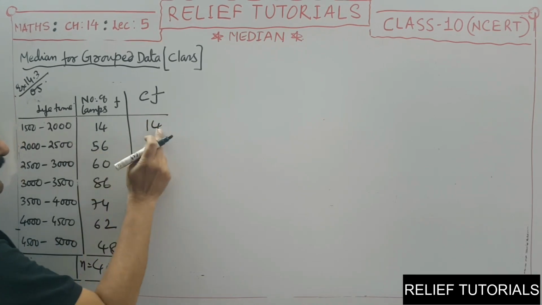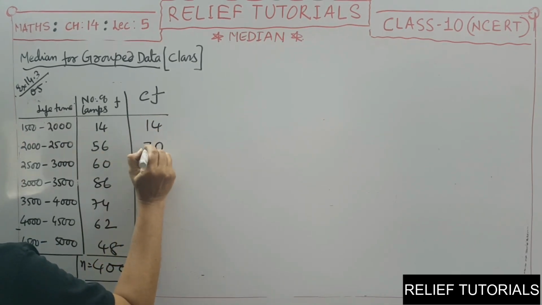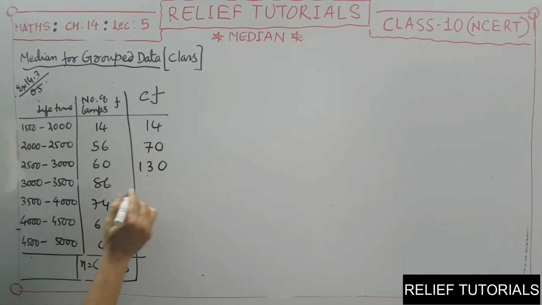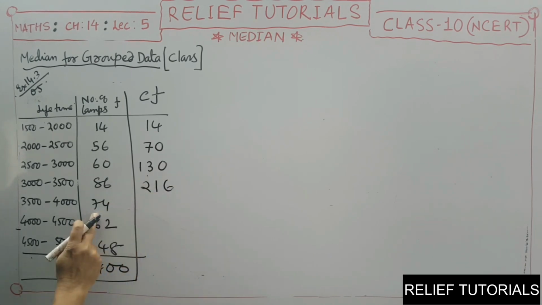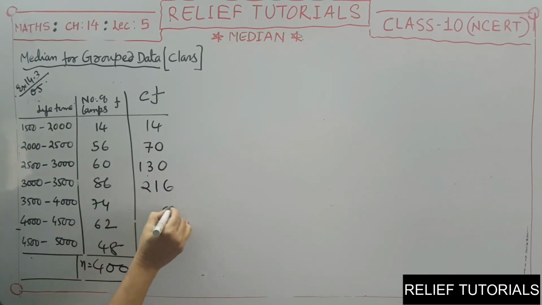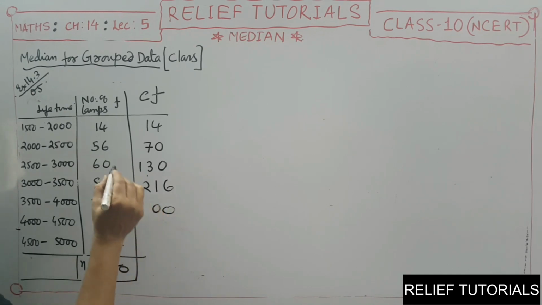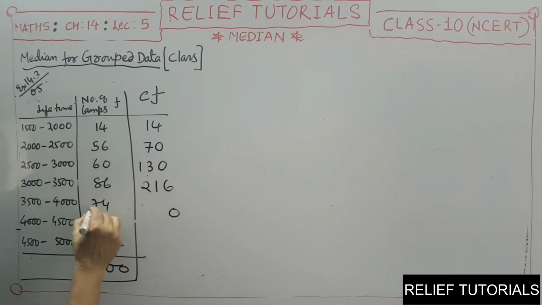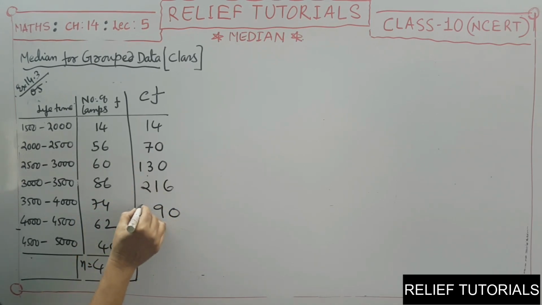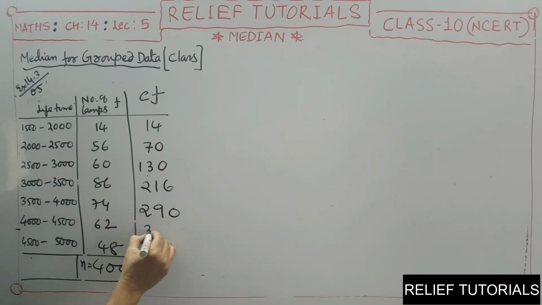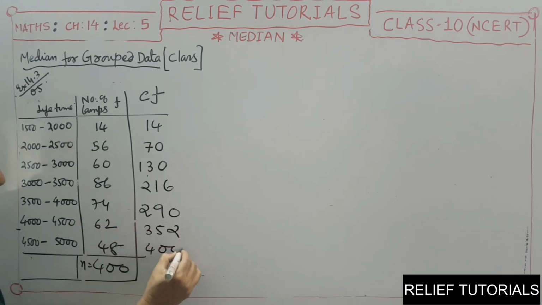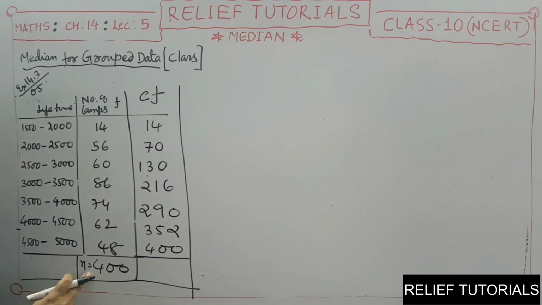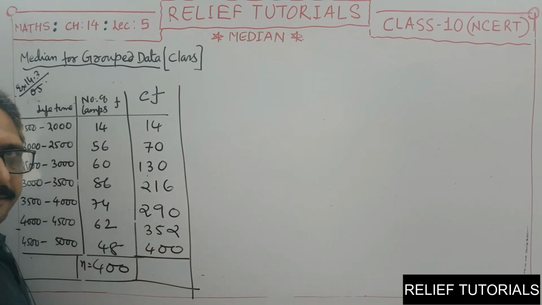Now 14 plus 56, 70. 70 plus 60, 130. 130 plus 86, we will get 216. 216 plus 74, 290, then plus 62, so 352. Here we get 400. So always you have to see one thing. If total frequency is 400, here always you will get 400.